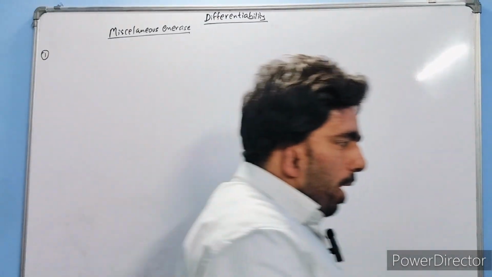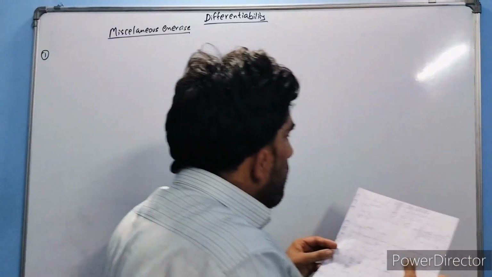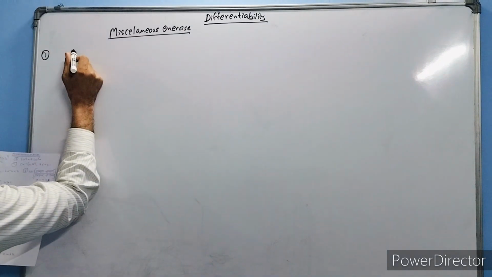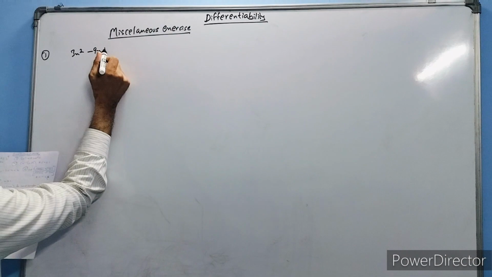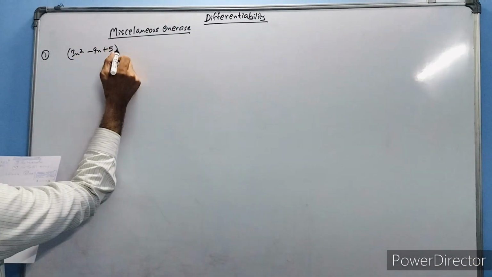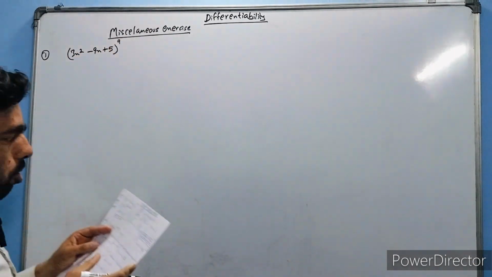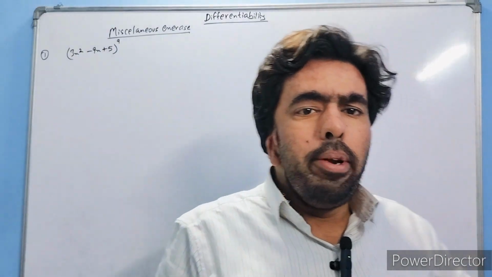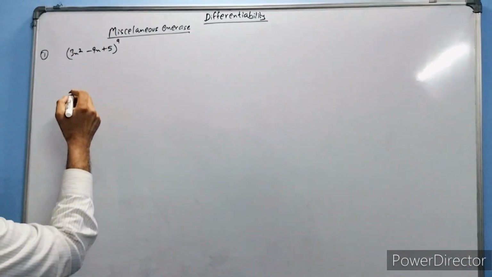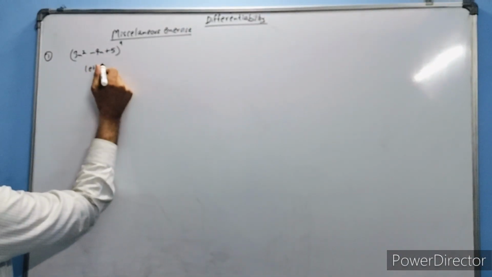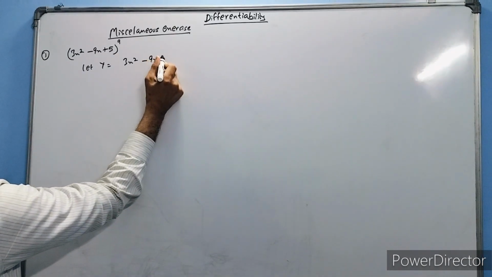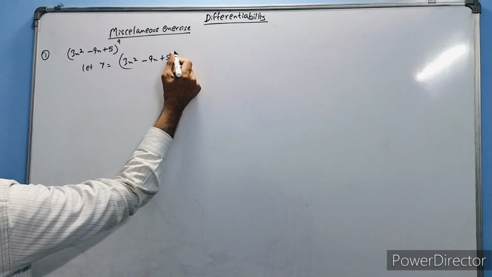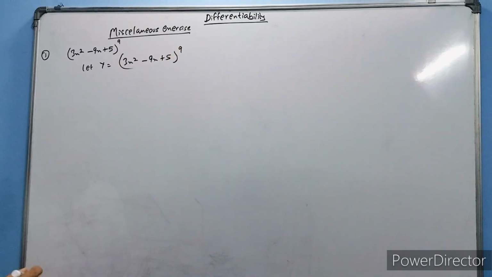The first question they have given is (3x square minus 9x plus 5) whole raised to the power 9. So this is the function we need to differentiate. How? Let us consider this as y is equal to (3x square minus 9x plus 5) raised to power 9.